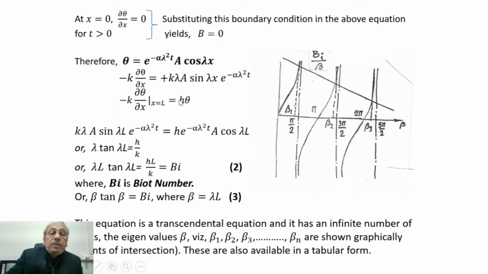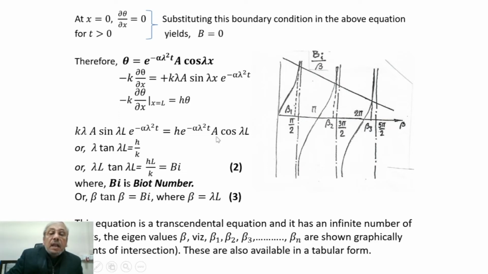This is equal to h into theta. So k lambda a sin lambda L e to the power minus alpha lambda square t is the value of minus k del theta del x at x equal to L, equal to h times theta.